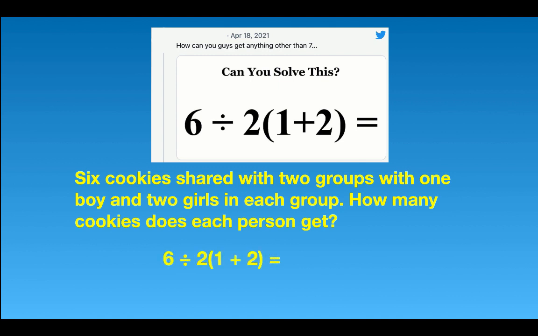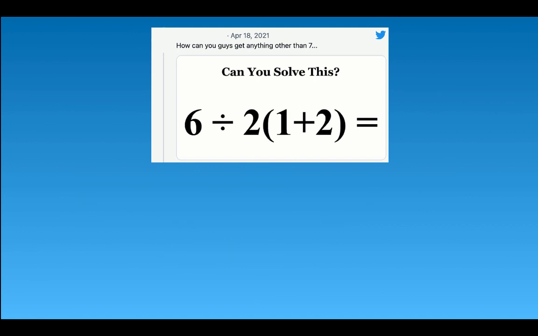Then I can divide the 6 cookies by all people. If this person who wrote this wanted to communicate to do the division first, so 6 divided by 2, this person could have added grouping symbols. Or they could have written 6 divided by 2 as a fraction. Either way, even without a context, these 2 equivalent expressions are much clearer.